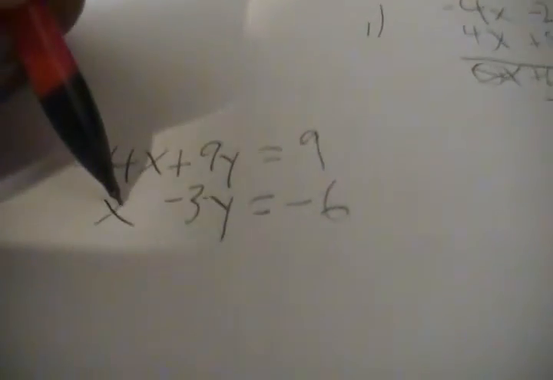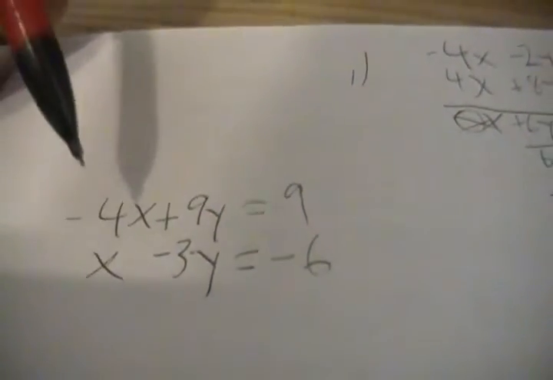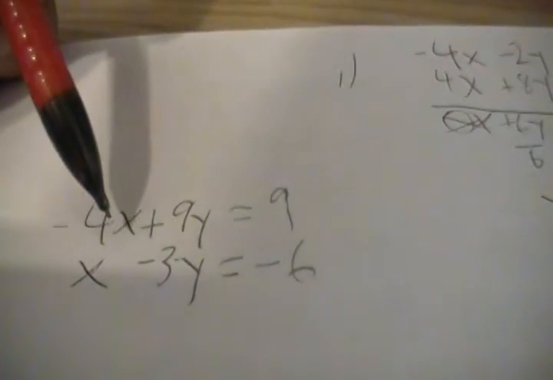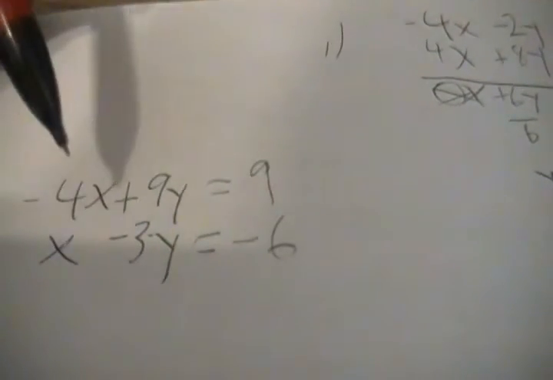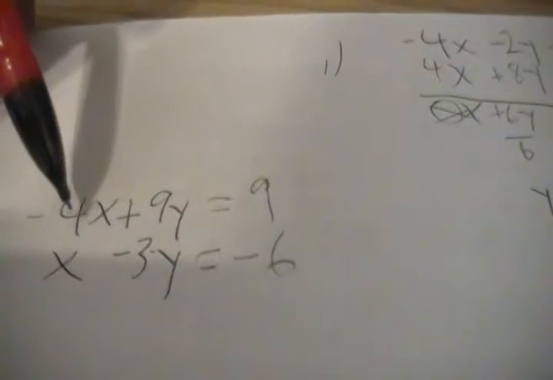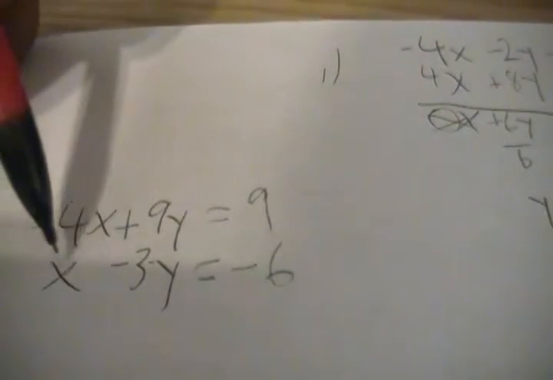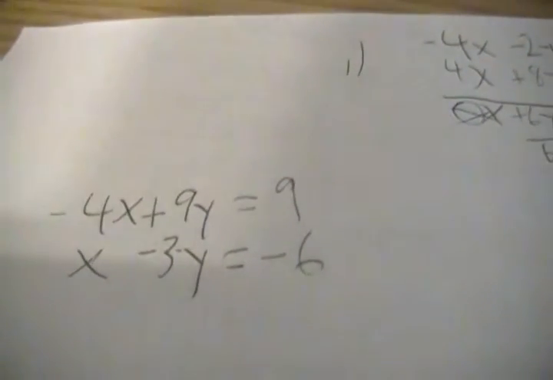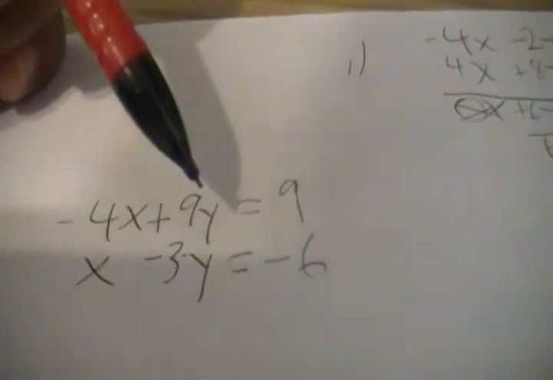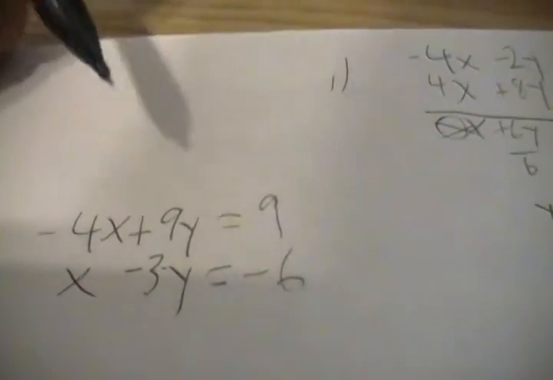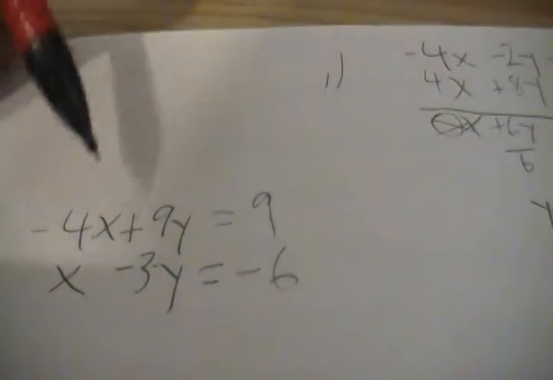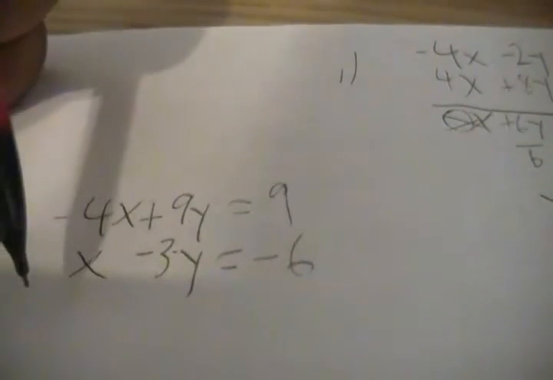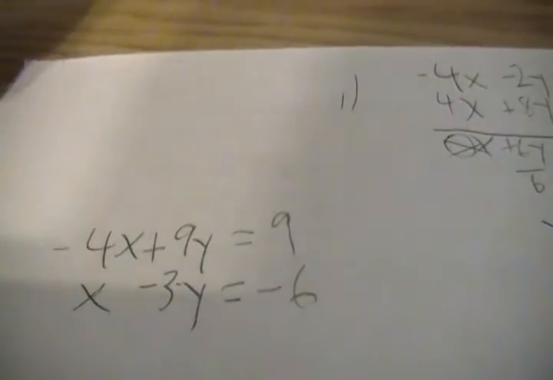Okay, so now we have to try to eliminate one of the variables. We can't directly eliminate them right now, because negative 4 plus 1 doesn't cancel. So what we can do is manipulate one of the equations so that we can eliminate them.